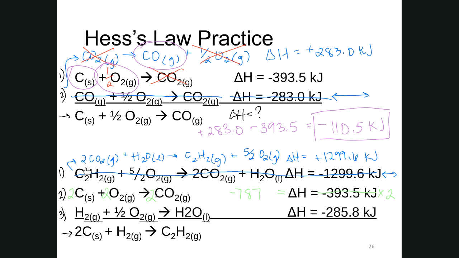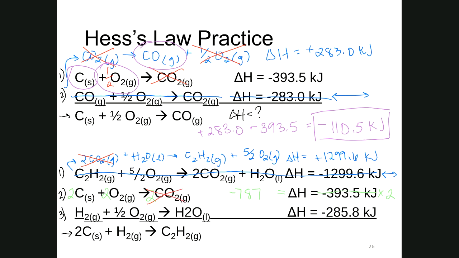We have 2 carbon dioxides on the left side of the arrow, and 2 carbon dioxides on the right side of the arrow. So since they're on opposite sides of the arrow, we subtract. 2 minus 2 gives us 0. So both of those carbon dioxides cancel out, which is why they do not appear in the overall reaction.